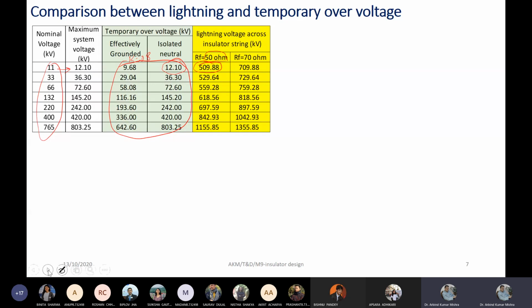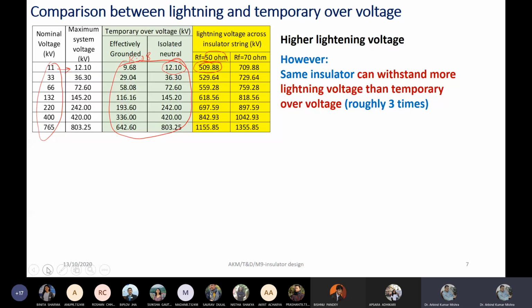One good thing, of course, in this table you can see is that throughout, whatever the voltage level, the arrested lightning overvoltage is always higher. But one thing I also mentioned to you in one of the classes is that the same insulator can withstand more lightning voltage than temporary voltage.